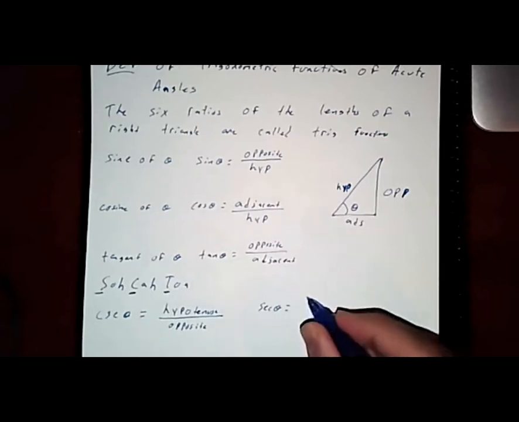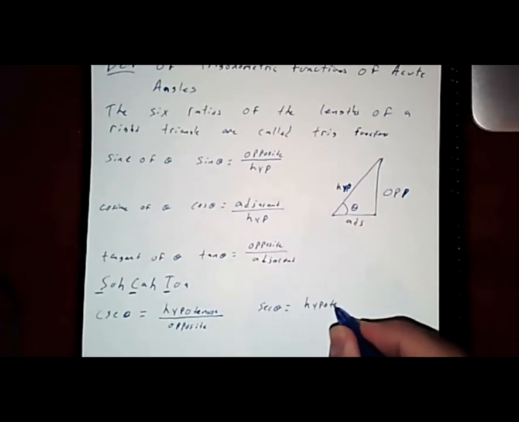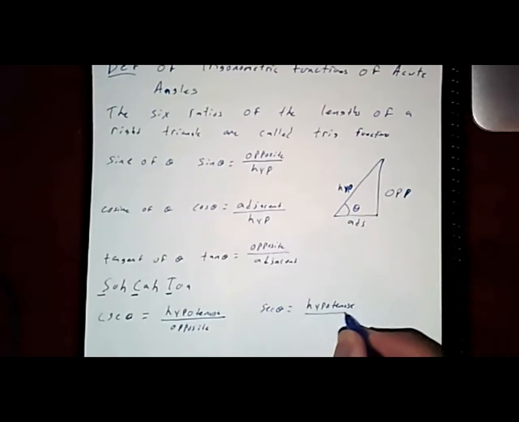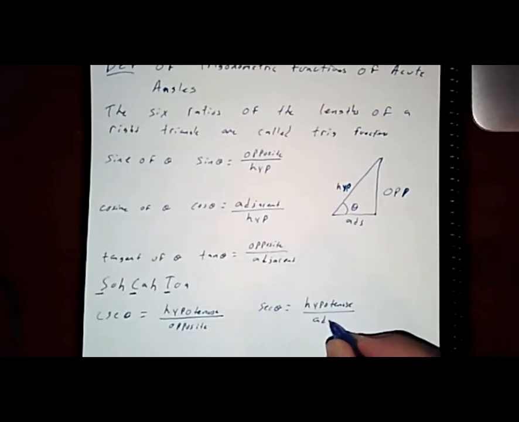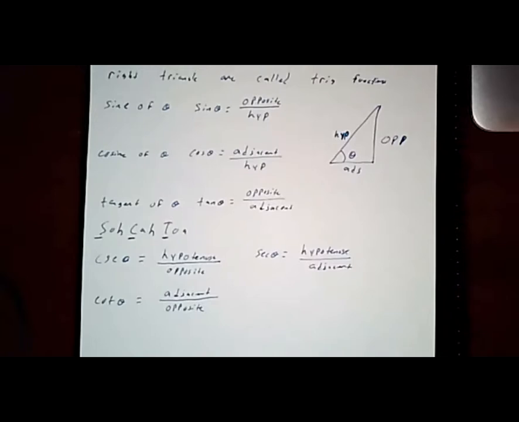Secant of theta is equal to hypotenuse over adjacent. Cotangent of theta is equal to adjacent over opposite. So basically, you take the original 3 and you flip them over. That's it. Take a reciprocal.